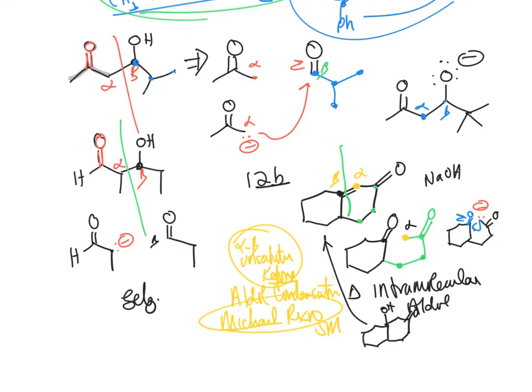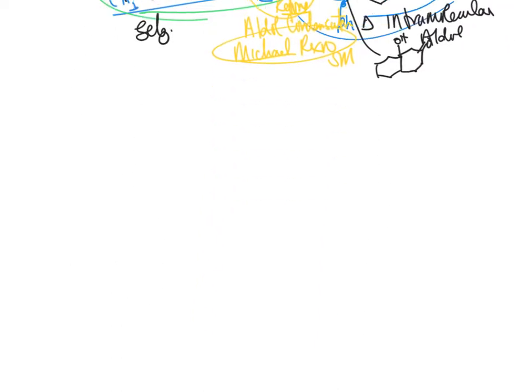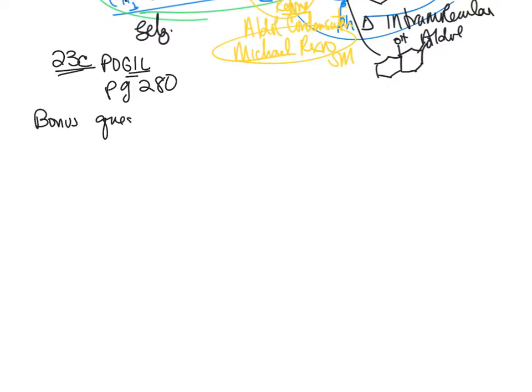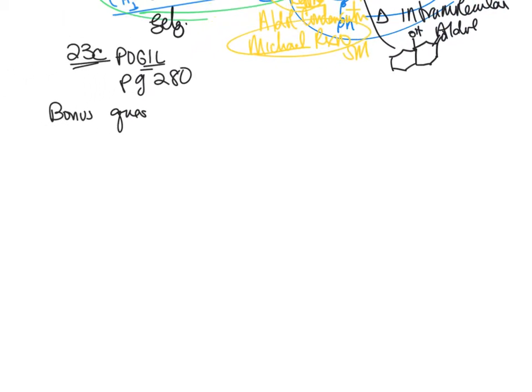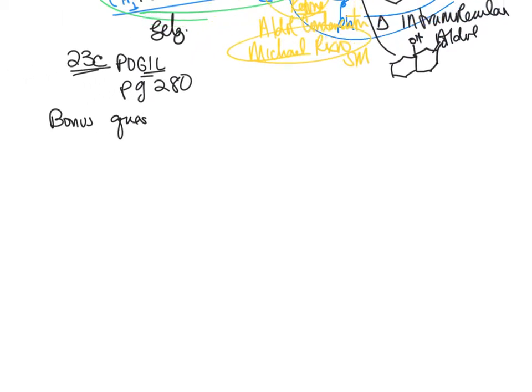We're doing 23C. This is your last POGIL activity, folks, for your whole book. So let's do it, page 280. Today I will give you a bonus question to work that you can add. And once again, I only want just your weekly POGIL.